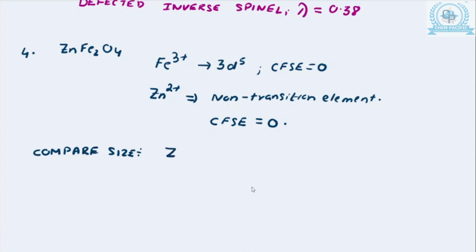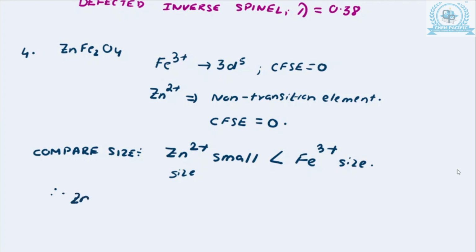Since the size of Zn2+ is very small as compared to the size of Fe3+, therefore Zn2+ tends to occupy the smaller tetrahedral void, and therefore this spinel turns out to be a normal spinel.